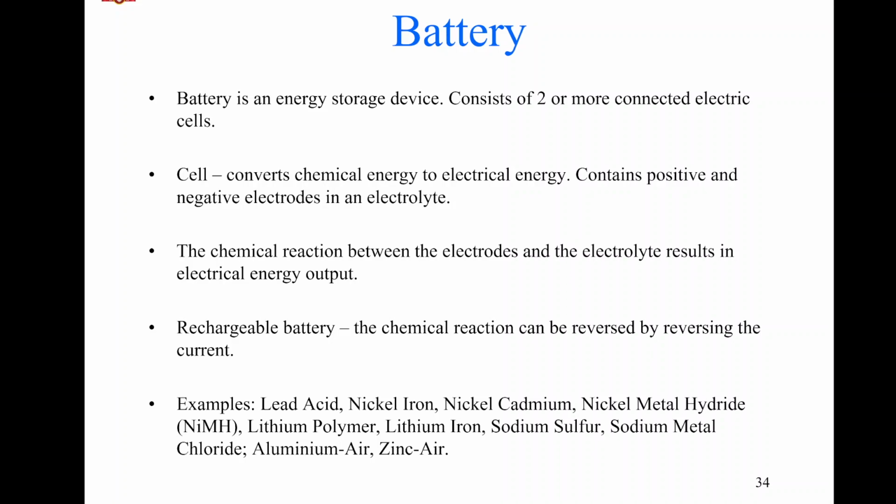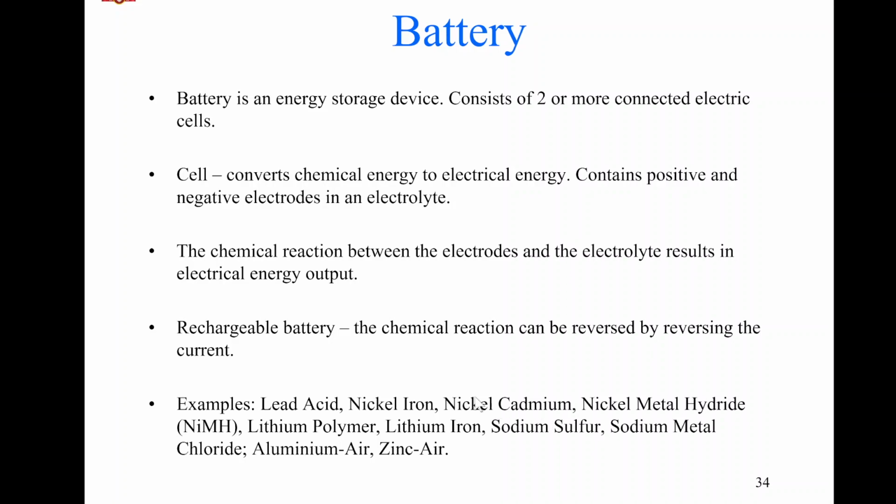A rechargeable battery is one such battery where these chemical reactions can be reversed. That is, if we reverse the current, then we can charge the batteries, which essentially takes the reaction in the other direction. Examples of such batteries are lead acid, nickel iron, nickel cadmium, nickel metal hydride, lithium polymer, lithium iron, sodium sulfur, sodium metal chloride, and then we have air batteries like aluminum air and zinc air.